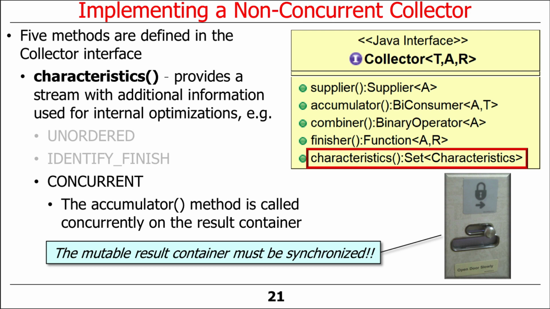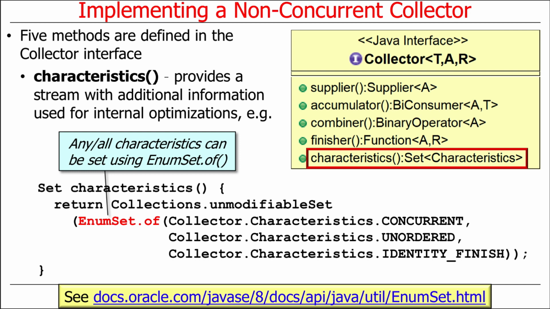As we'll see, we're not focusing on the concurrent model here. We're just focusing on the non-concurrent version. So concurrent should not be set, which means we don't have to have any synchronization in place at all. The way in which these characteristics are either set or not set is by the characteristics method. Here's one example of how you could set any or all of these flags. You could simply use enum set of, and then list the characteristics that you want to have included, which could include nothing.